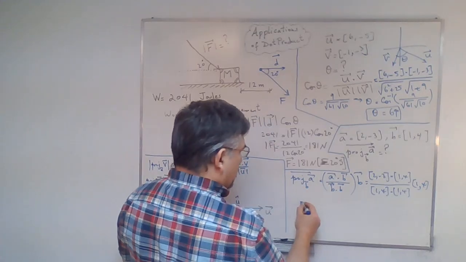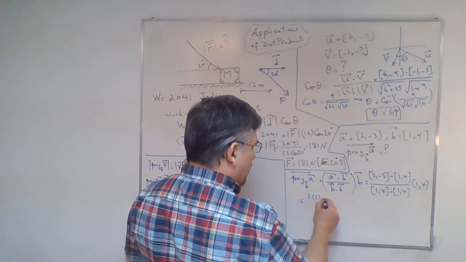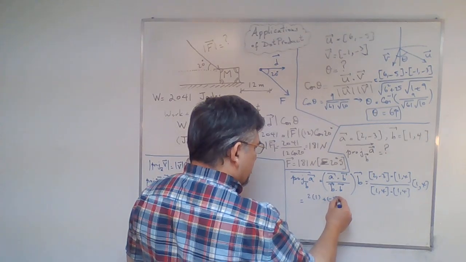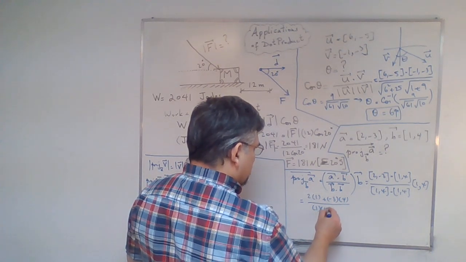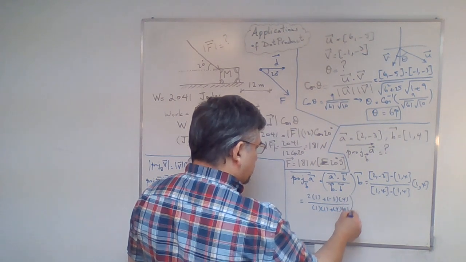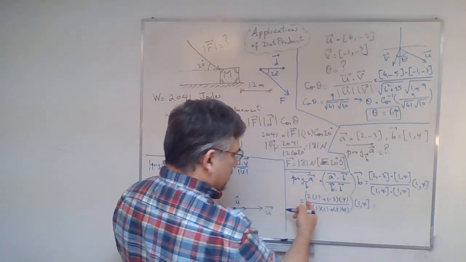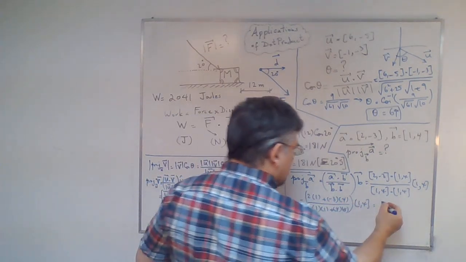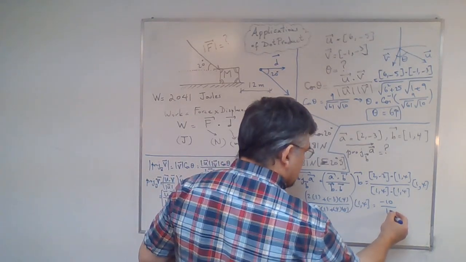Okay, so we end up with the dot product will be 2 times 1 plus negative 3 times 4 over 1 times 1 plus 4 times 4, and then times 1 comma 4. So the top is negative 12 plus 2 is negative 10. The bottom is 16 plus 1, which is 17.